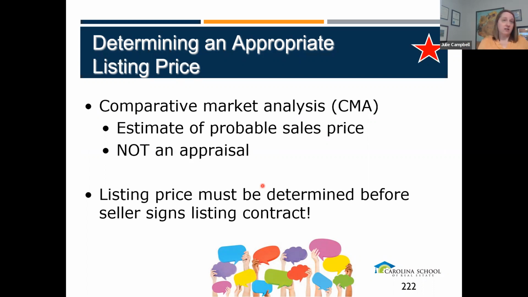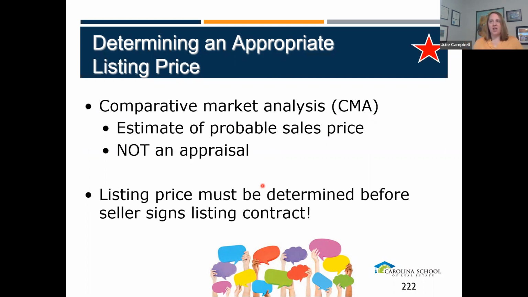Unit 17 is our appraisers unit. So in Unit 17, we're going to put on our appraiser's hat, but we're also going to talk more about our CMAs there. I'll look at some math with a CMA in Unit 17.